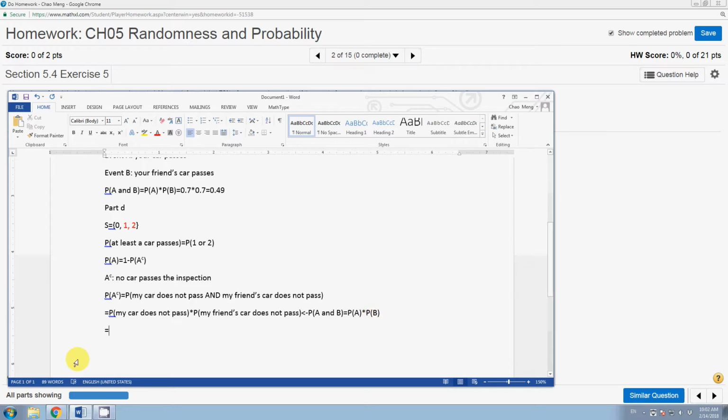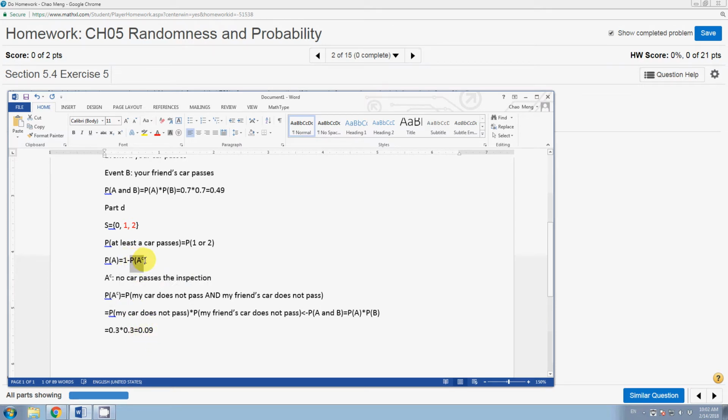We already did the calculation. That's a 30% chance. And what's the probability that my friend's car does not pass? It's also 30%. So if we do the calculation, that's 0.09. So the probability that A does not occur is 0.09.